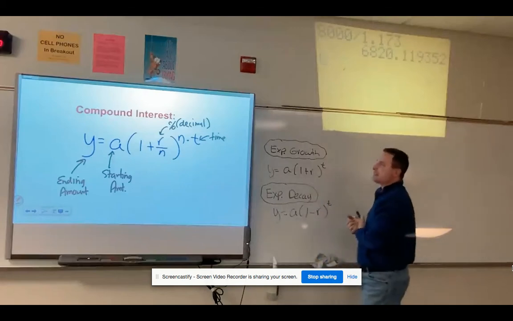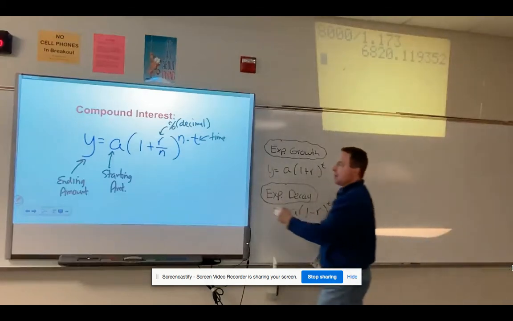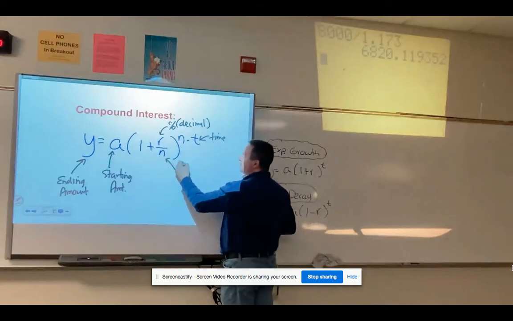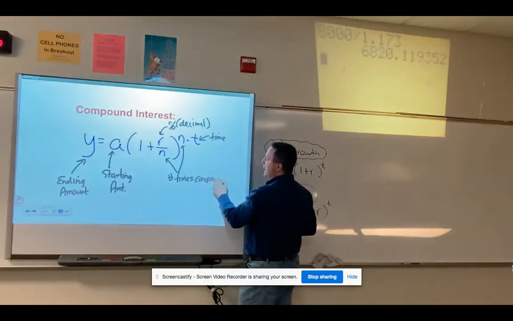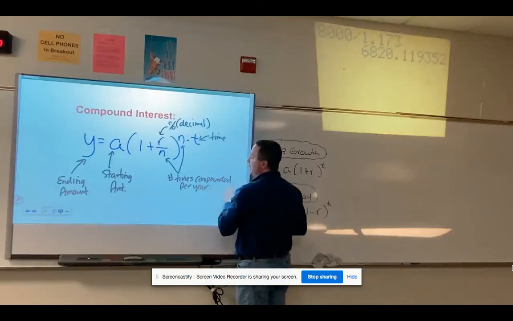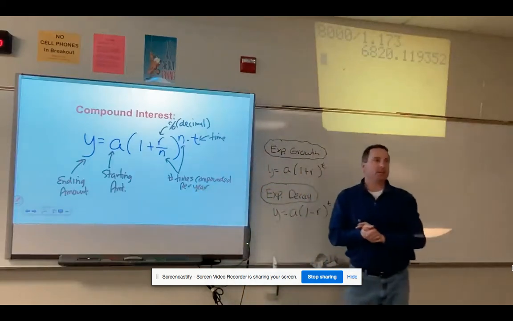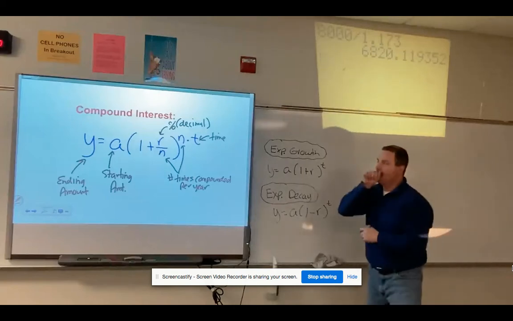But the new piece there is this letter N. What in the world does N stand for? Both of these N's stand for the same thing. It's the number of times something is compounded per year. So basically what that means is the number of times a year they recalculate things.